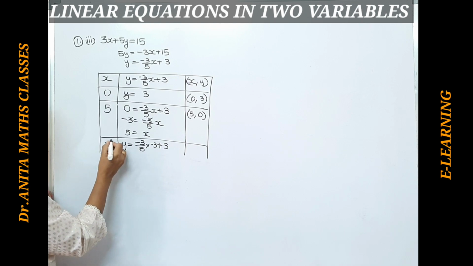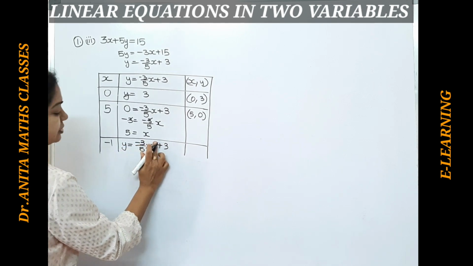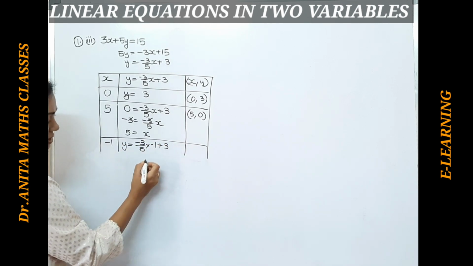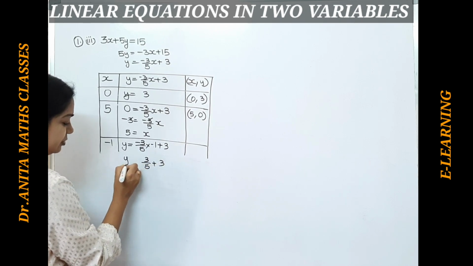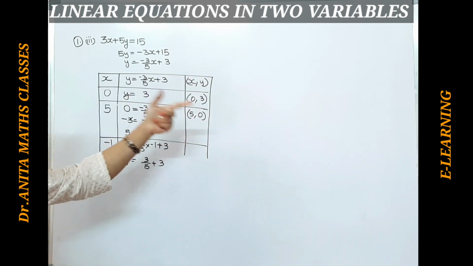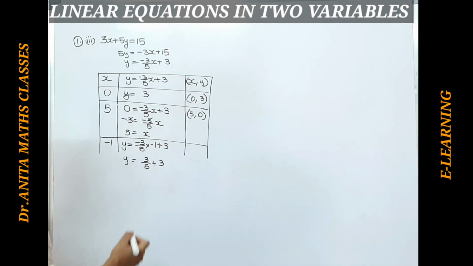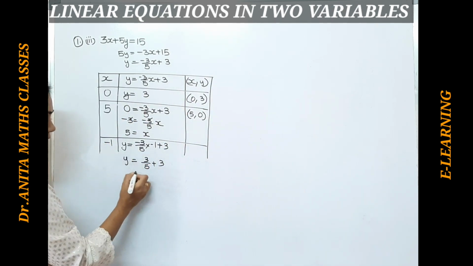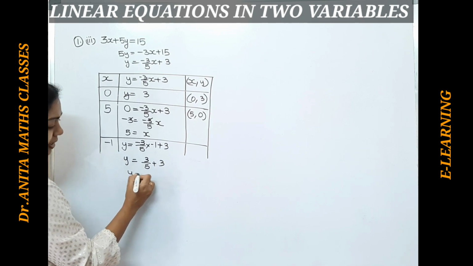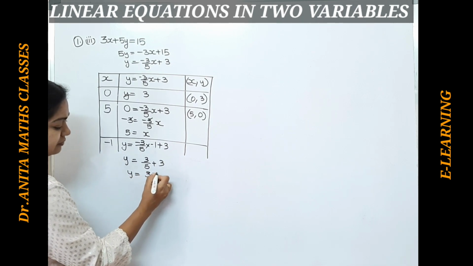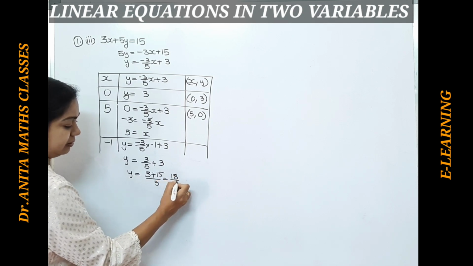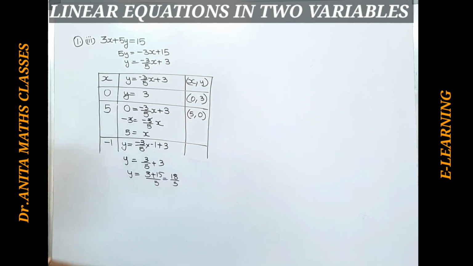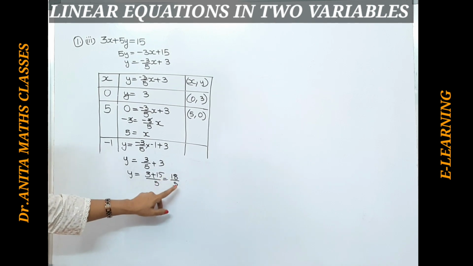Let me take minus 1, a simple one. Let us substitute here minus 1. So this comes to plus 3 by 5 plus 3. If the point is in fraction, we can also plot it, but it will be tedious. So let us take simple points, okay. Here y equal to 3 plus 15 by 5, again 18 by 5. If you get a multiple of 5 only, we can solve it.